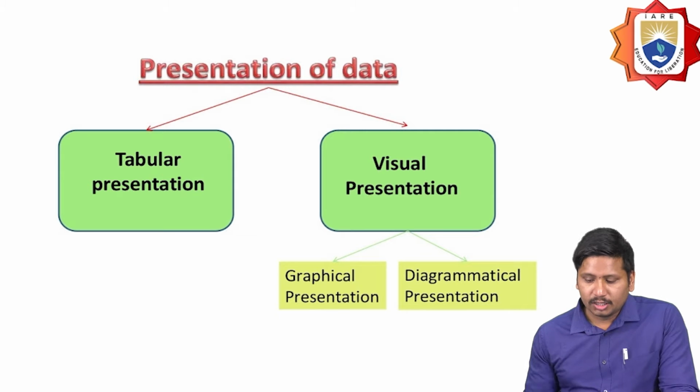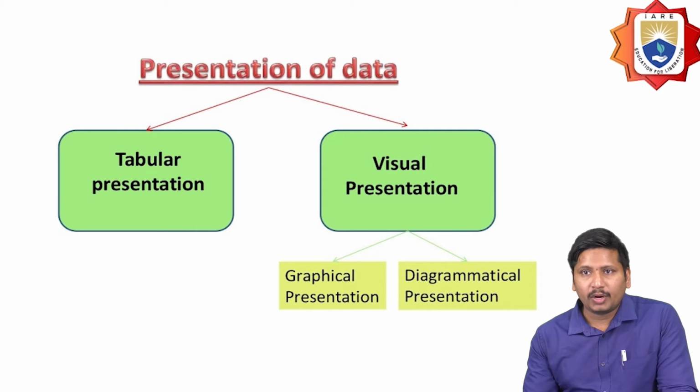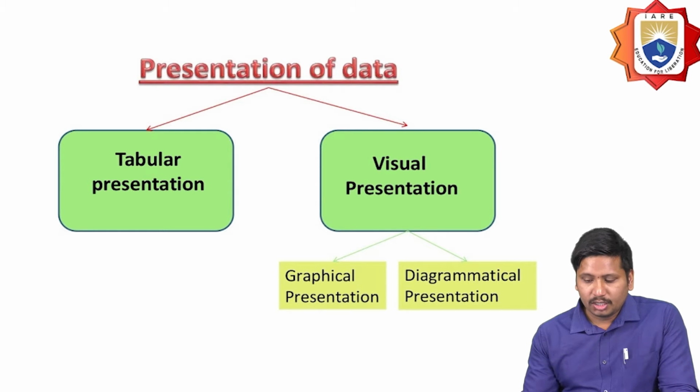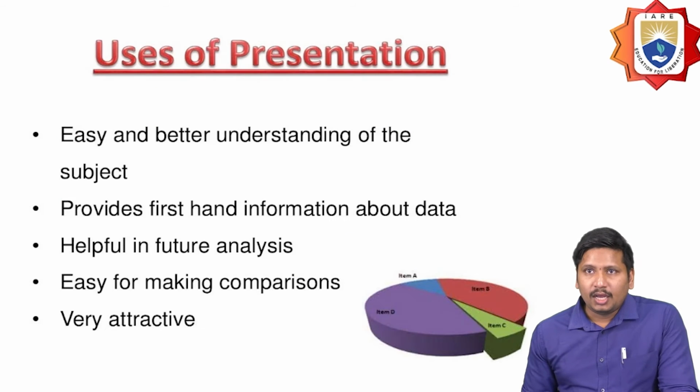Visual presentation is divided into graphical presentation and diagrammatic representation. These are the two types that come under visual presentation, and the other form of presenting data is the tabular one.